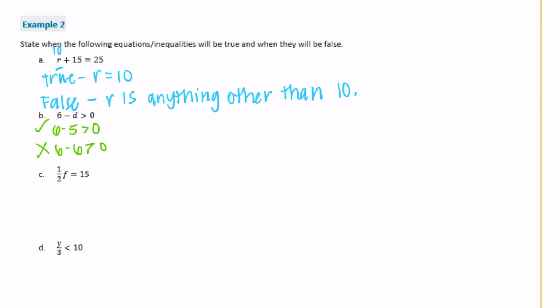So it looks like 6 or greater would make it false. For it to be true, D needs to be less than 6. For it to be false, D needs to be greater than or equal to 6.